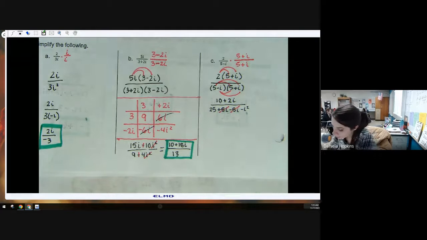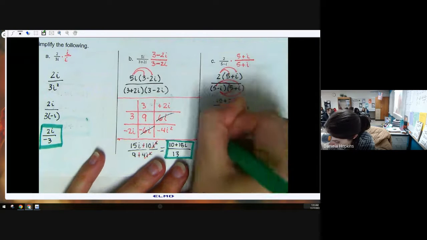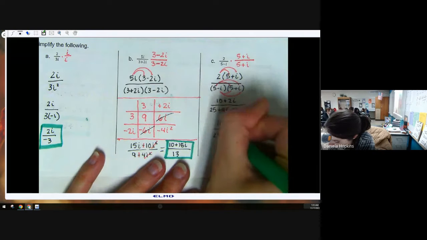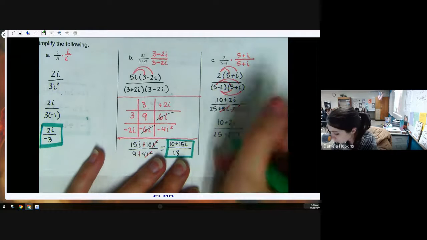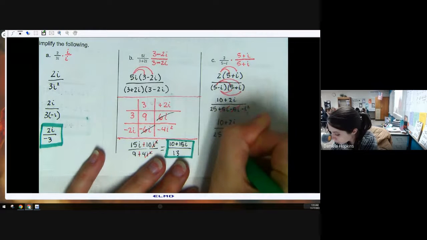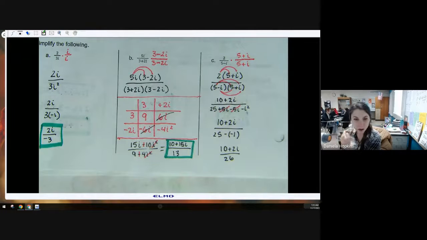This negative i squared, I have 10 plus 2i over 25, and then it'd be minus a negative 1. What's minus negative 1? Positive 1. So really my final answer is 10 plus 2i over 26, which actually I could reduce.